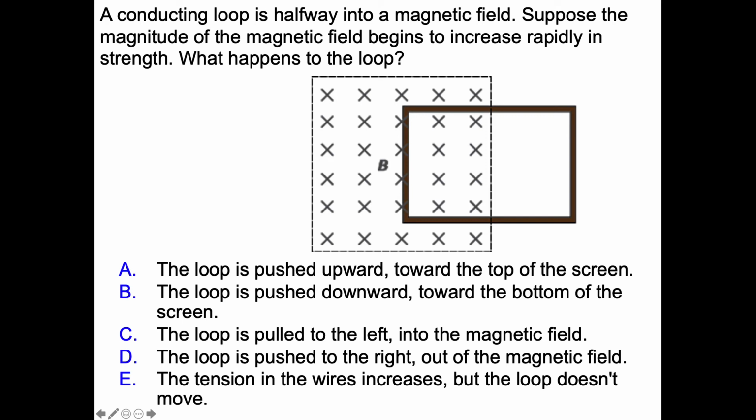Because on the screen it says increasing. Increasing, sorry. The magnetic field begins to increase rapidly in strength. This might take a little bit of thought. While you guys are answering, I'm going to try to draw a picture.